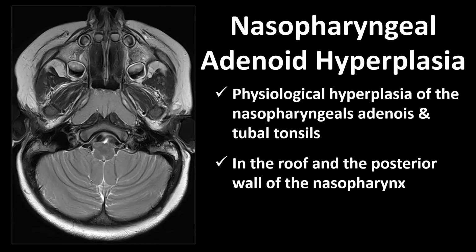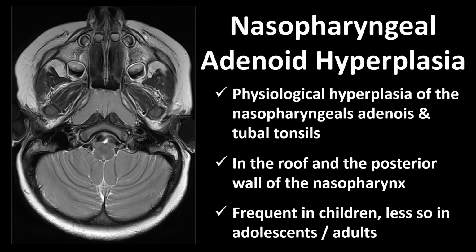So we get this soft tissue structure located in the roof and along the posterior walls of the nasopharynx, and it will decrease as children get older and is generally gone in adolescents and adults. Exceptions are, as said, smokers, because they keep stimulating the lymphoid tissue in the nasopharynx, and HIV patients.